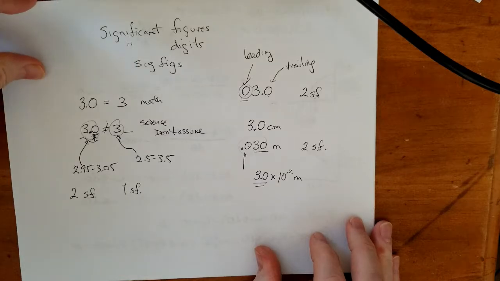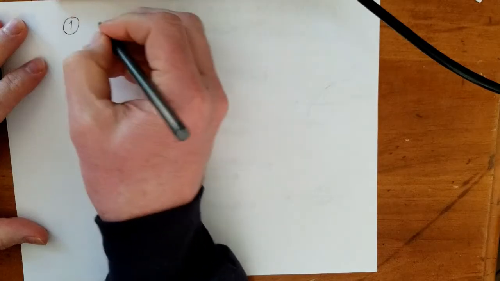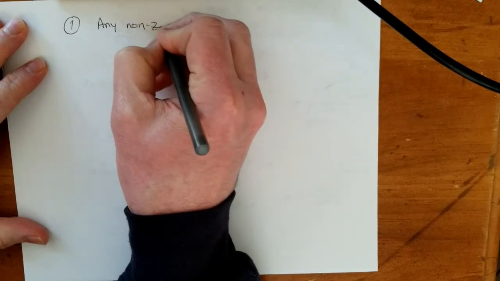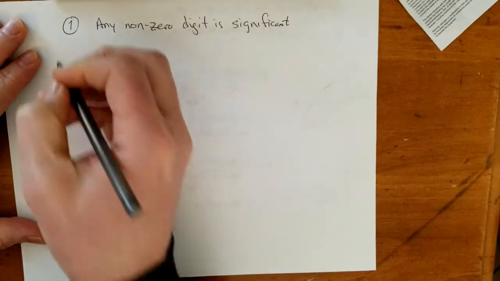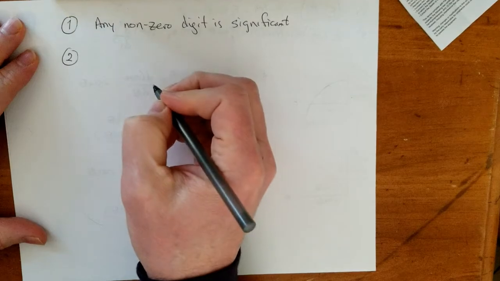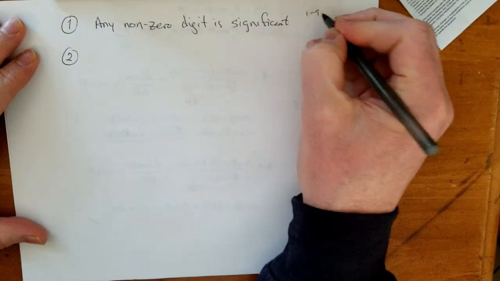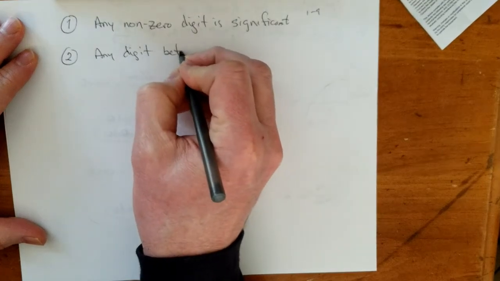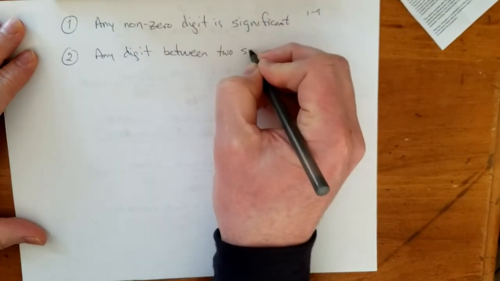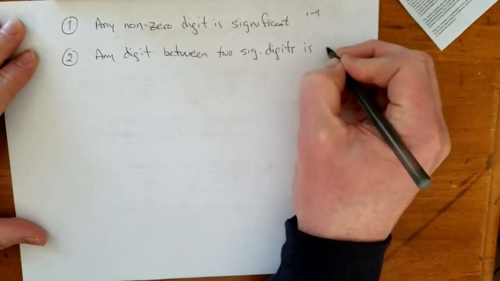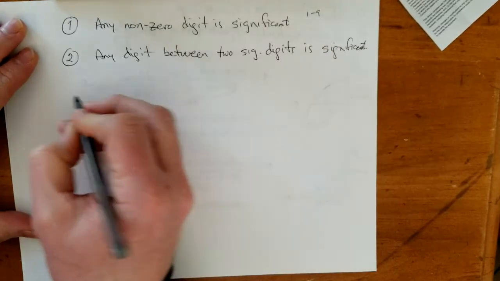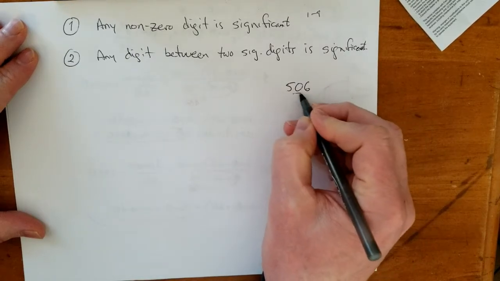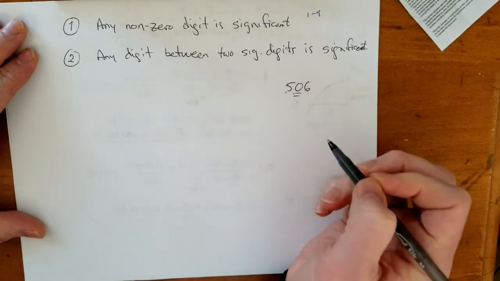So we have a certain number of rules here. 1, any non-zero digit is significant. So that would be the numbers 1 through 9. 2, any digit between 2 significant digits is significant. So if I have the number 506, that 0 is significant because it's between 2 digits that are significant.